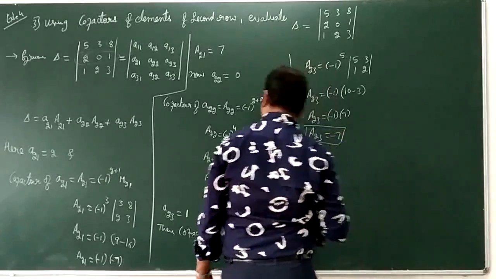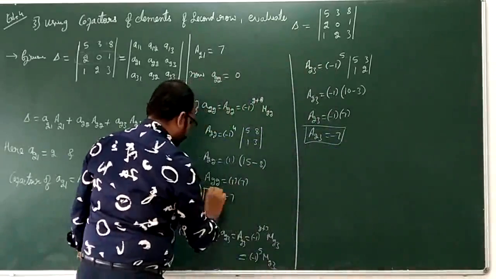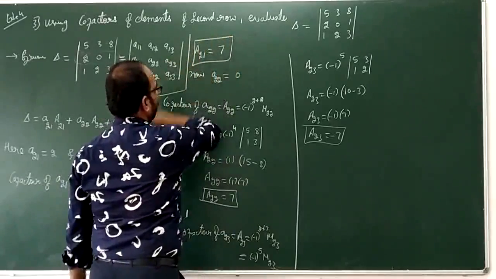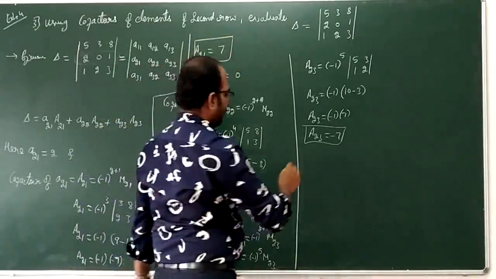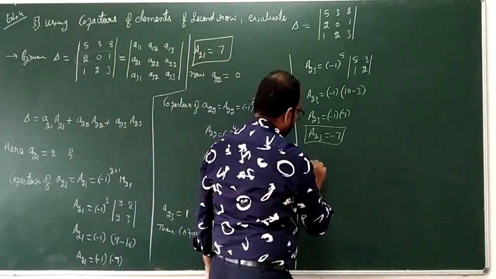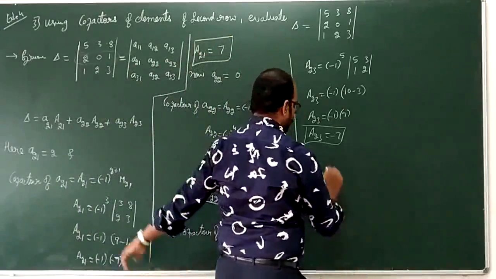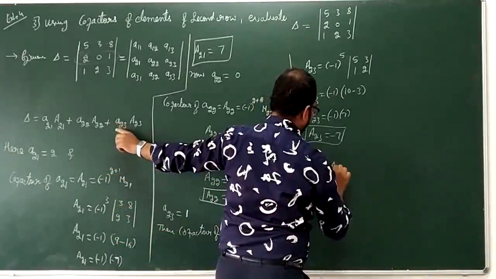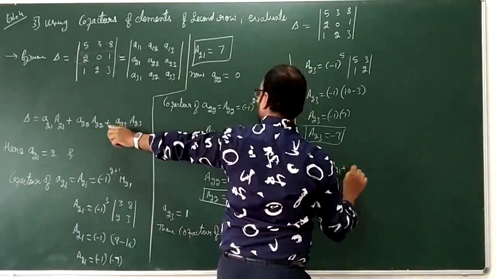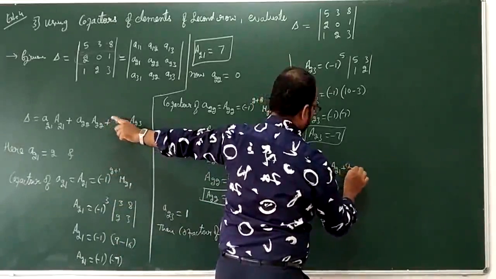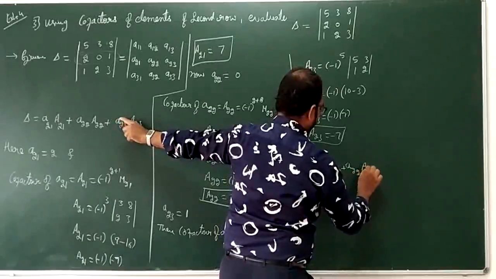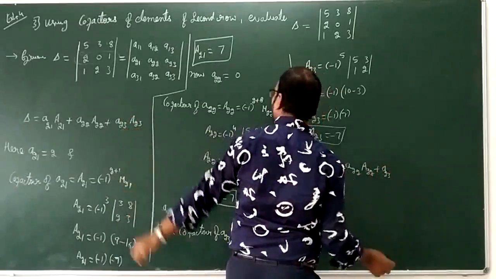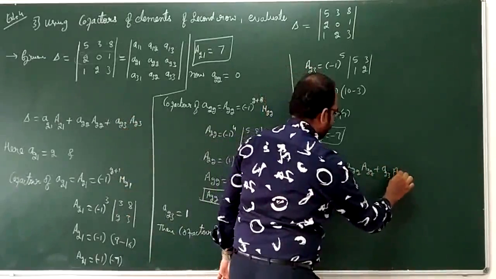Now evaluate: the A22 cofactor value is 7, the A21 cofactor value is 7. Then delta is equal to A21 into cofactor of A21 plus A22 into cofactor of A22 plus A23 into cofactor of A23.